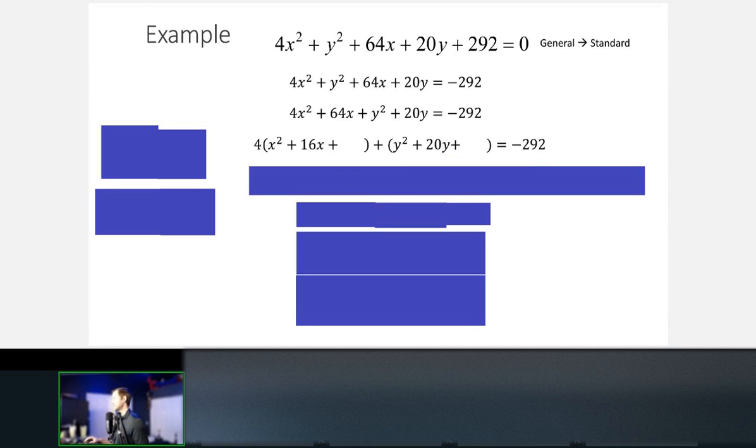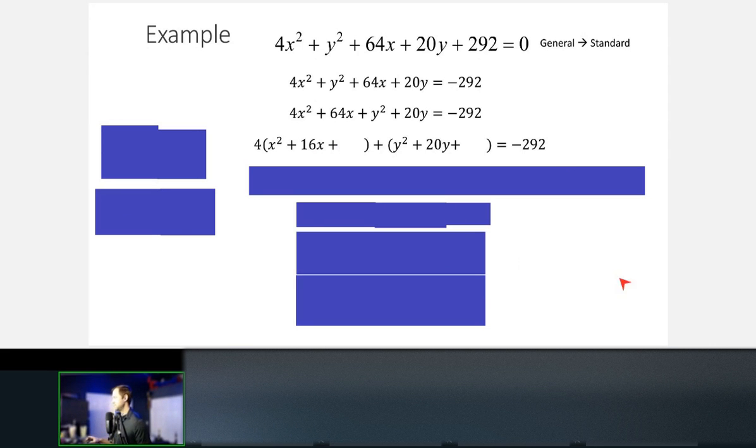Okay, next. Who can tell me, whether on mic or in chat, how do I complete the square for this? Now, just ignore the 4 for right now. So given this piece in here, think back to circles, how can I complete the square? Divide the middle term by 2 and then square it.